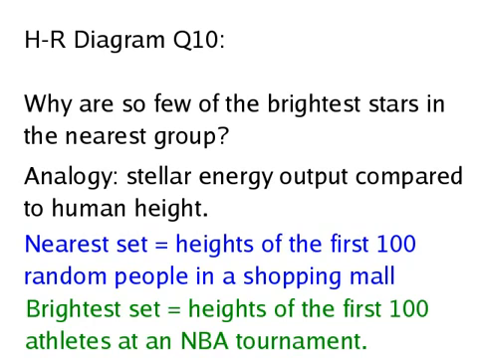Okay, so if you use this analogy, if you look at the first 100 random people in a shopping mall, is it very likely that you get a lot of the tallest people, that are 7-footers and up? Well, actually, yes, that's one of the reasons.